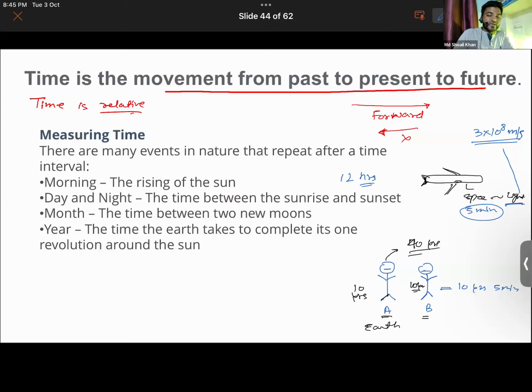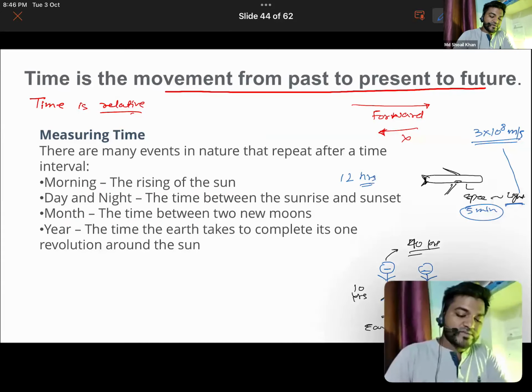So that is also one way to measure time, the gap between sunrise and sunset. Earlier, this is how time was being measured: if the sun is rising, it means morning. Even now it's the same thing, but then you didn't have watches. Then a month: we used to count a month as the time between two new moons.